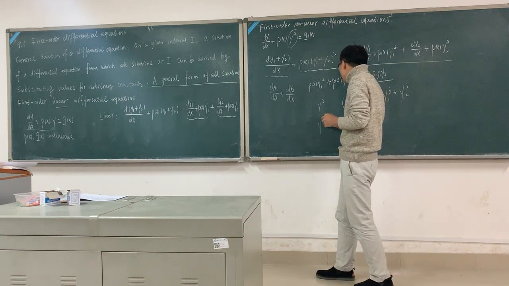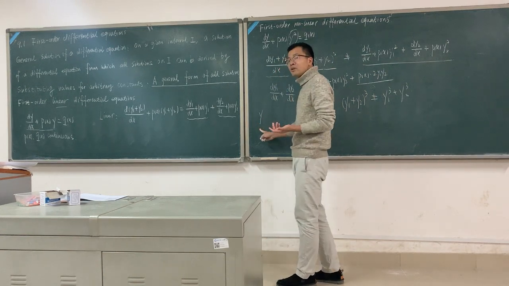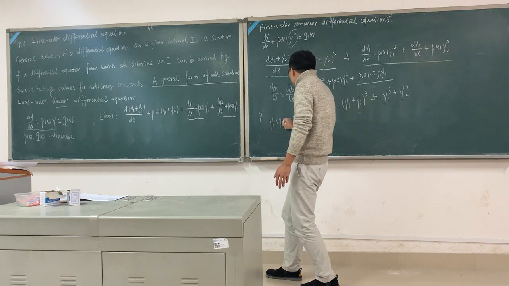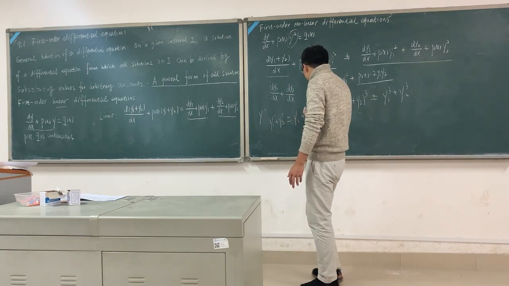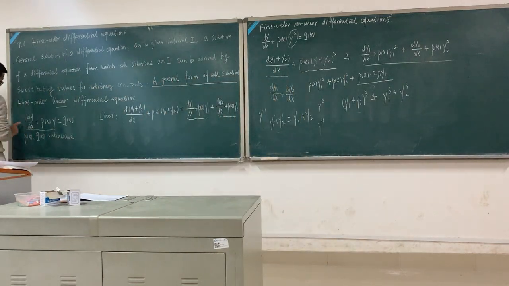Y to the fourth power is also nonlinear. But for y itself, it is linear, because y1 plus y2 to the first power is y1 plus y2. So this is linear.